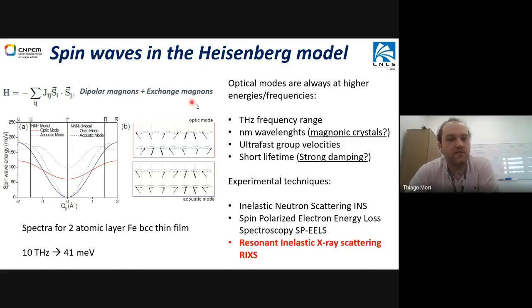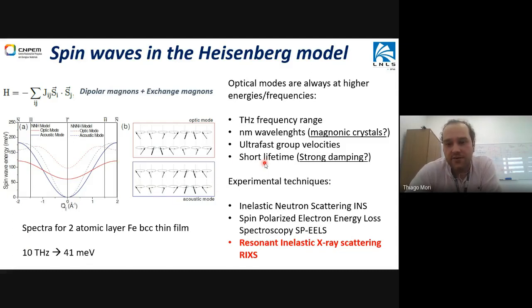And the exchange magnons have modes at very high frequencies, at very high energies. For instance, going up to tens and hundreds of milli-electron volts, which are in the terahertz range. And the terahertz range is very complicated to probe with commercial equipment.